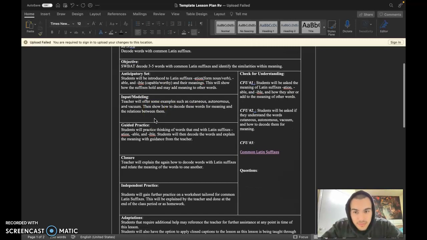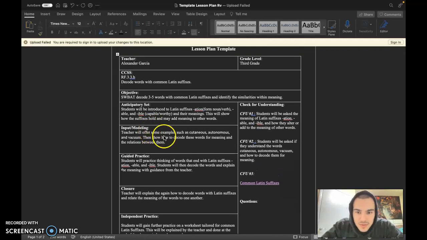Within the input modeling section of the lesson plan, teachers will offer some examples. This will be words such as cutaneous, autonomous, and vacuum. They will then show how to decode these words for meaning and the relationships between them.